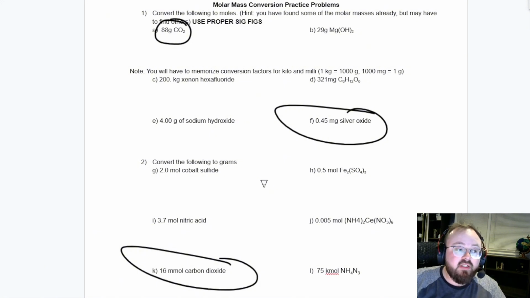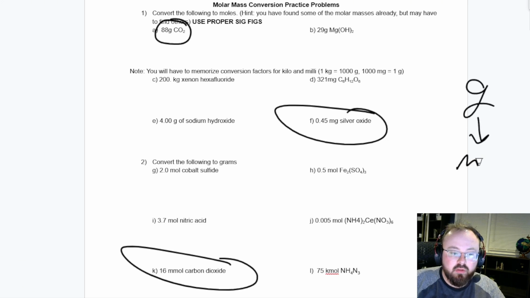First thing to understand, anytime that we are going from grams to moles, or vice versa, going from moles to grams, that is why I spent all that time talking about the unit of molar mass, because the unit of molar mass is grams per mole.